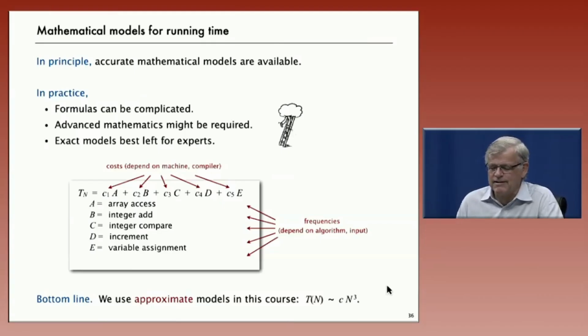There's really a lot of things that can go on. On the other hand, approximate models are definitely worthwhile. And for all the algorithms that we consider, we'll try to communicate a reasonable approximate model that can be used to describe the running time. Sometimes we'll give the mathematical proofs, and other times we'll have to just cite the work of some expert.